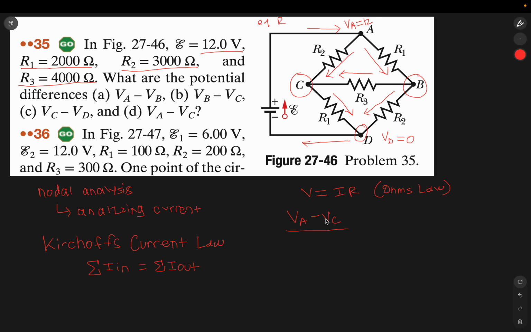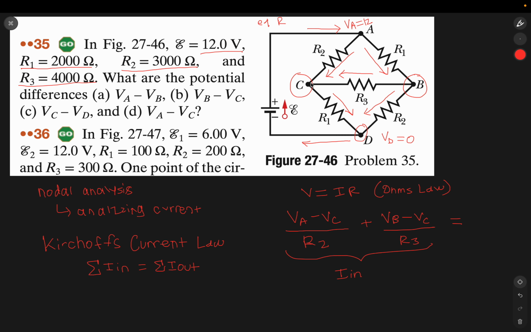So VA minus VC divided by R2. We also have current coming from resistor 3, coming through to C, from this direction. That's going to be VB minus VC over R3. Finally, this is the current in, and this is going to be equal to the current out.